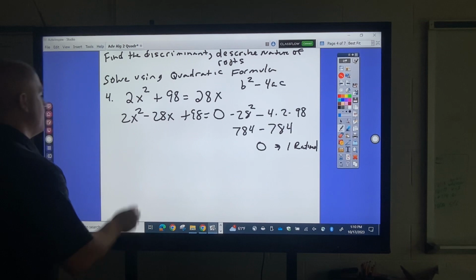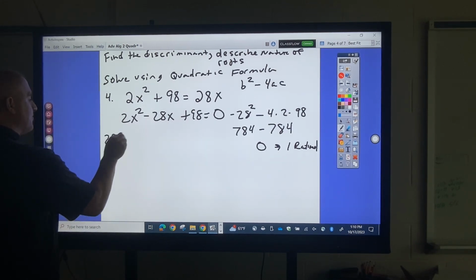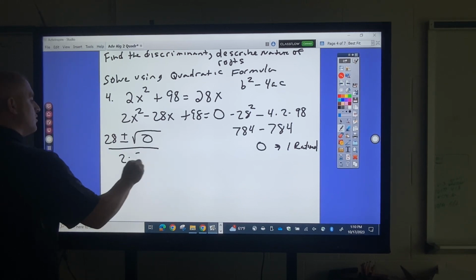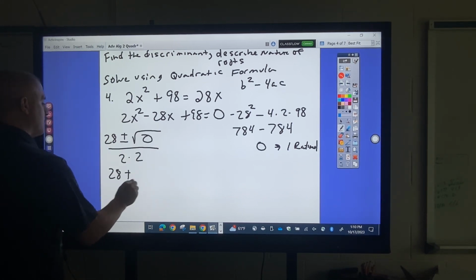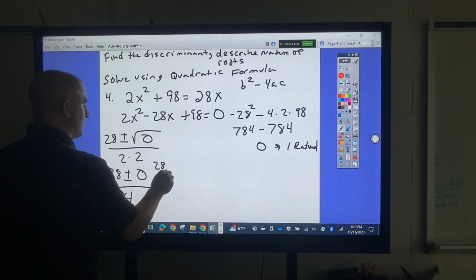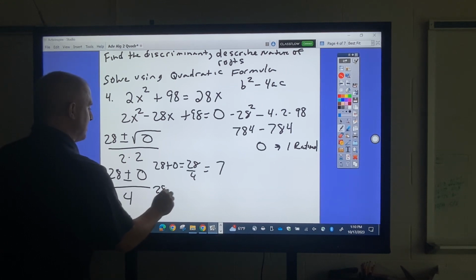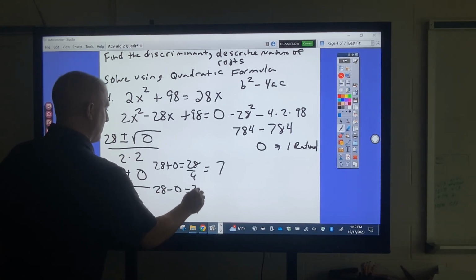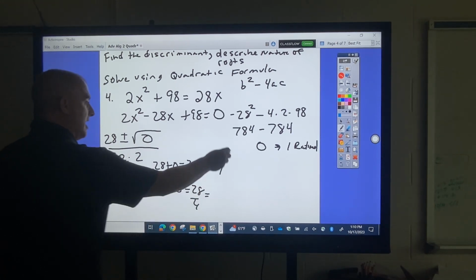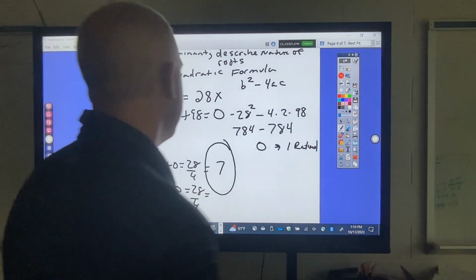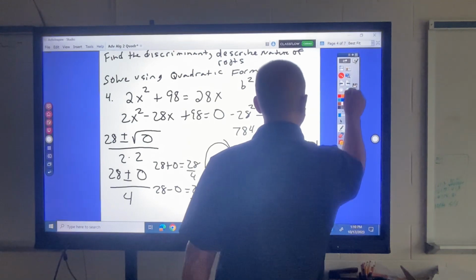So if I go in, this is 28 plus or minus square root of 0 all over 2 times 2. That's 28 plus or minus 0 all over 4. 28 plus 0 is 28 divided by 4 is 7. 28 minus 0 is 28 divided by 4 is still 7. And that's why I have one unique solution there. Do not have two. That's why it's one rational.